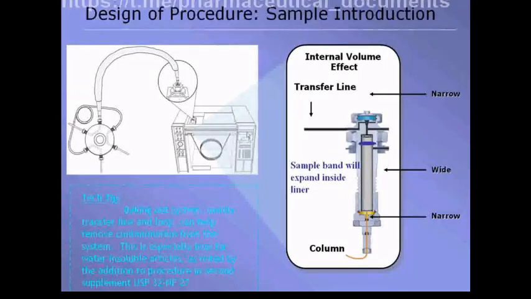So it's important to note that as our analyte bands are moving, our sample is moving into our transfer line, it's going to come into this area of our injection port, where we see here's our septa at the top, our transfer line is going to come in the side, we have a septum purge, we have an inlet seal, so our gas flow is going to come down, it's going to come up through here, and then go out to split vent, whatever the ratio we choose to run this at.